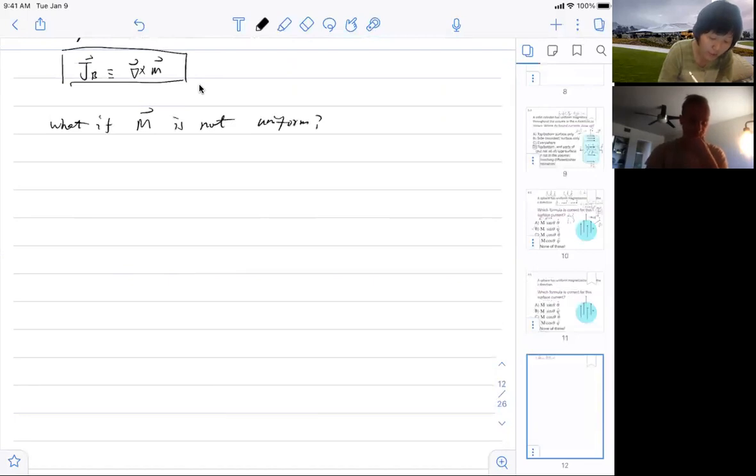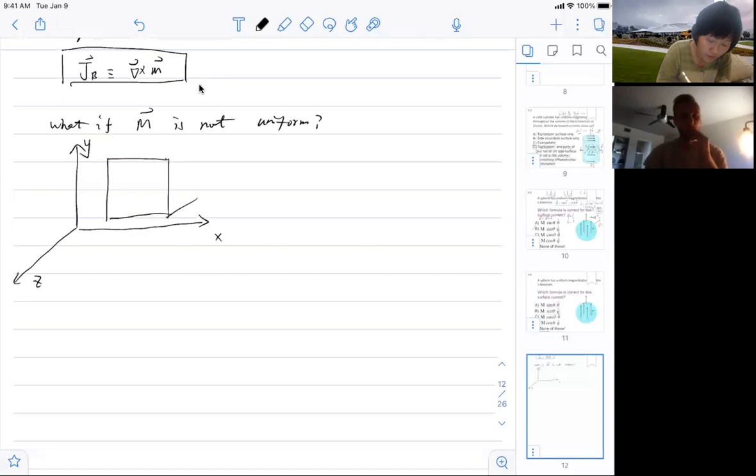So let's look at a material, and in particular, we will focus on 2 cubical areas and look at the magnetization within that area. So here is x, y, and z. And I'm going to draw two cubicles. One on top, one on the bottom.